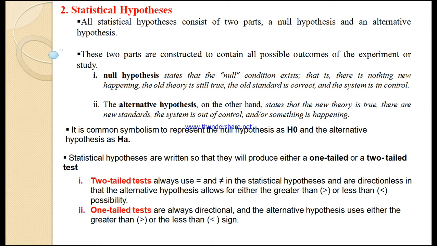On the other hand, one-tailed tests are always directional, and the alternative hypothesis in this test uses either greater than or less than sign.